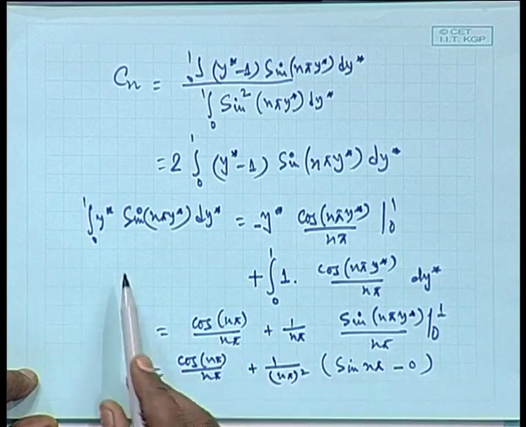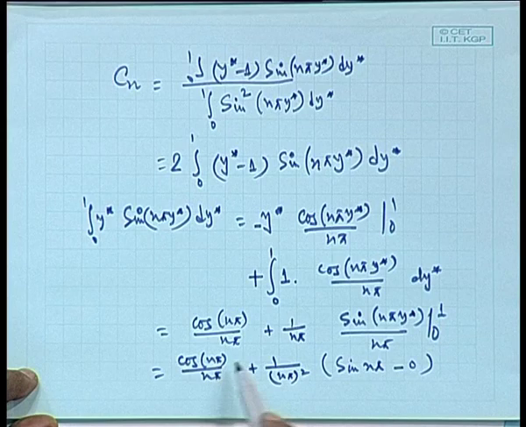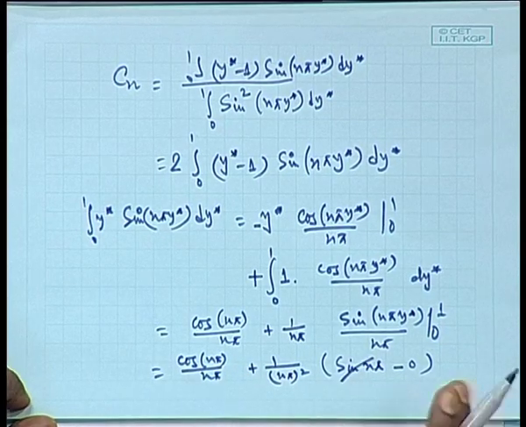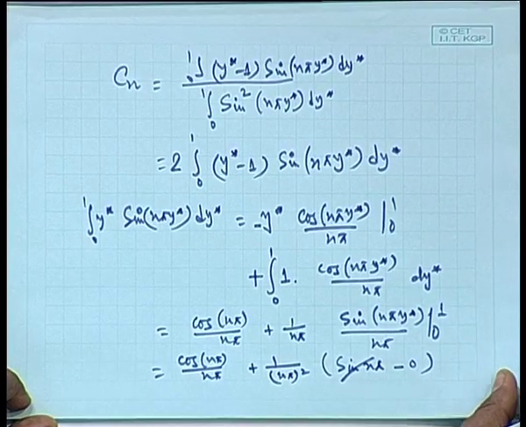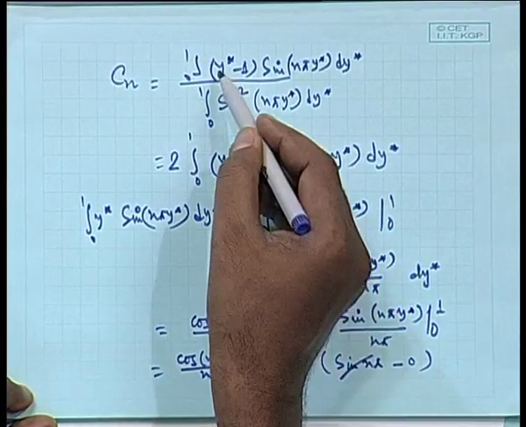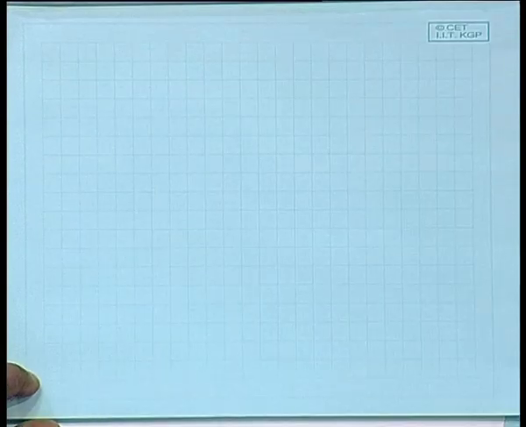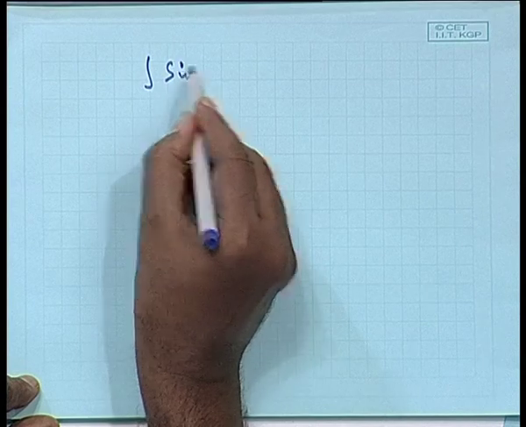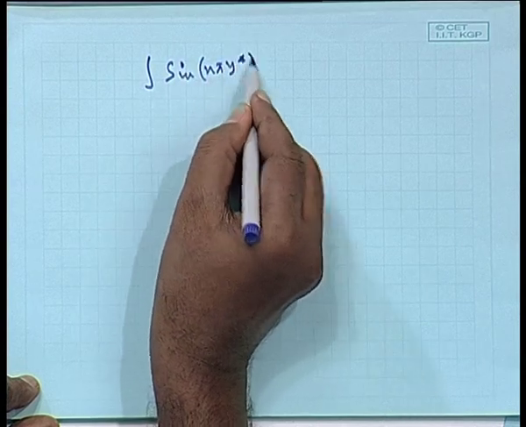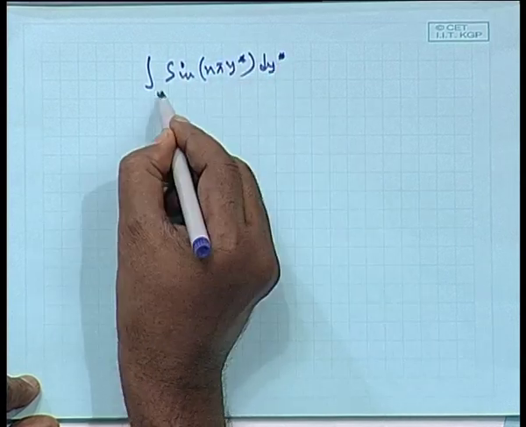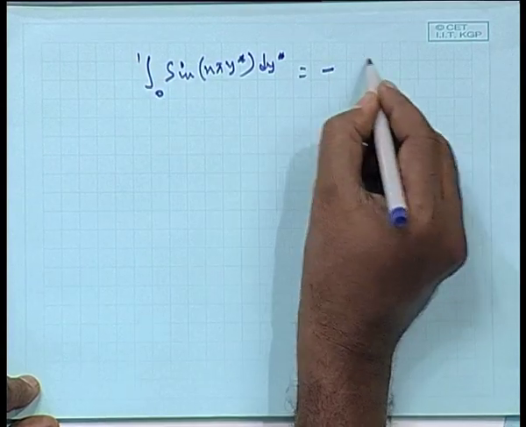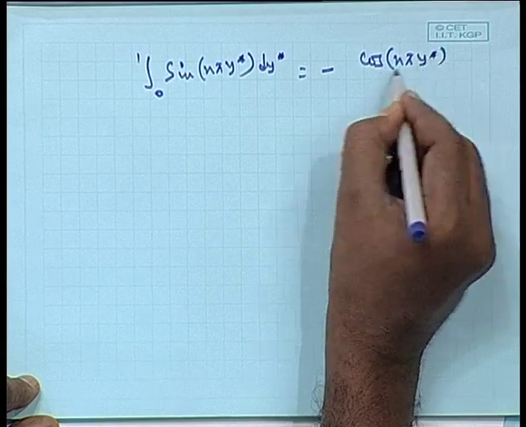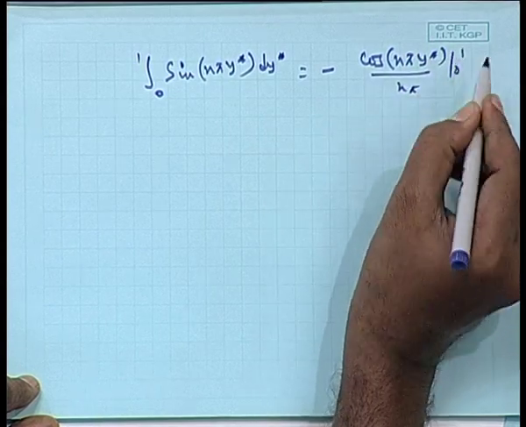So, the numerator will have cosine n pi by n pi. No, not numerator, this is the first term of the numerator, right. Yes, you have one more term. So, the second term is integral of sin n pi y star dy star from 0 to 1. So, it will be minus cosine n pi y star by n pi from 0 to 1.